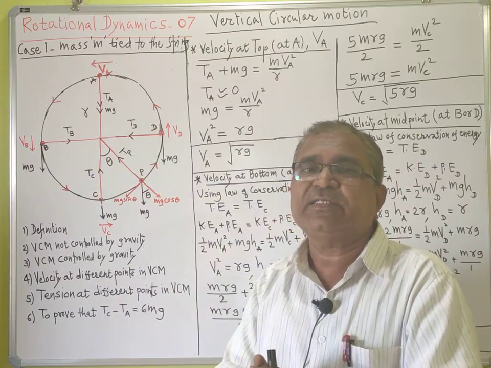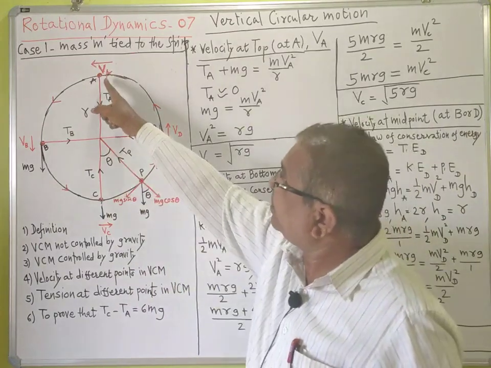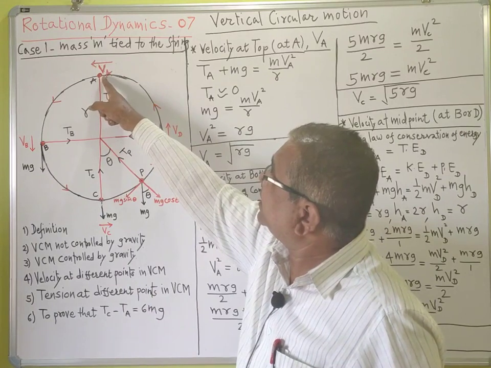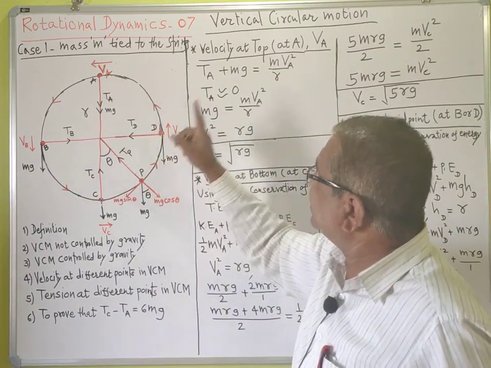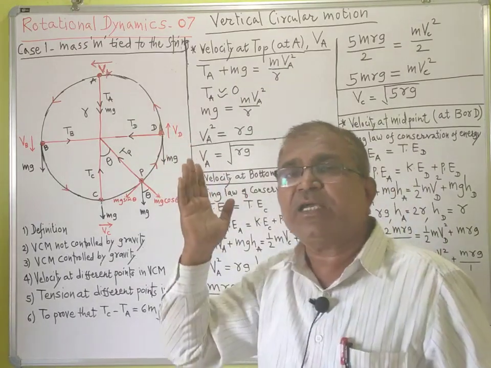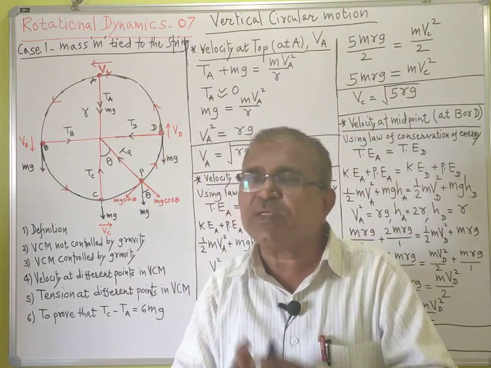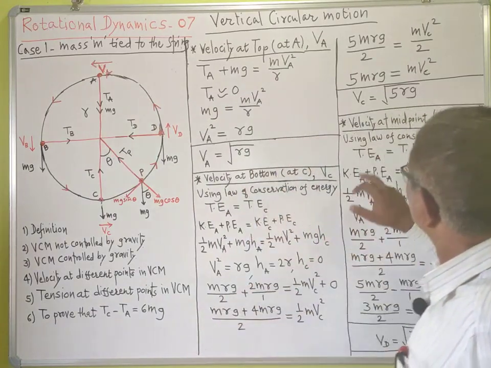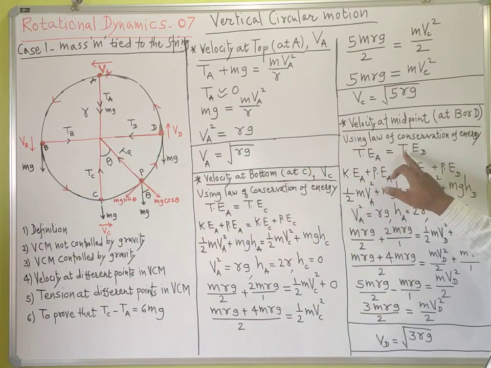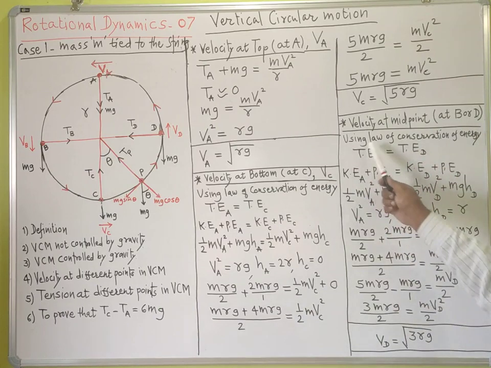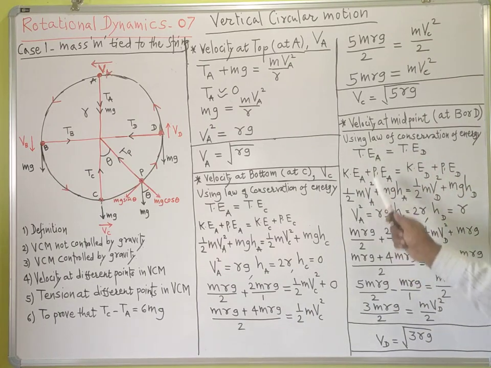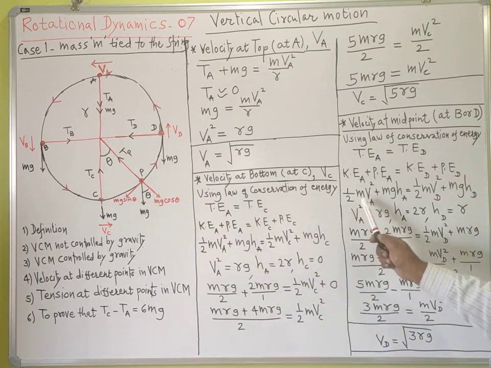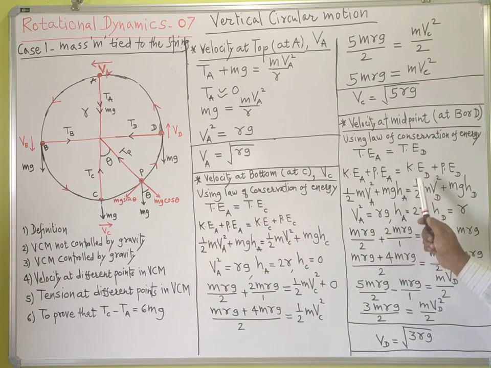So I can write here, total energy at A point is equal to total energy at D point using the law of conservation of energy. The LHS remains the same, 1/2 mVA square plus mgHA is equal to, only the right hand side changes somewhat, 1/2 mVD square plus mgHD.